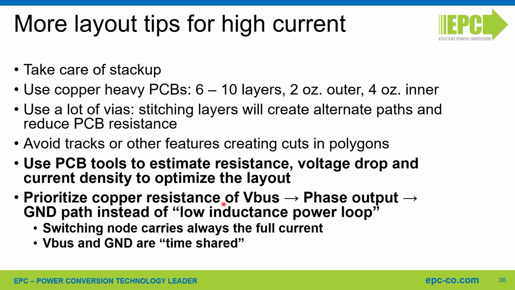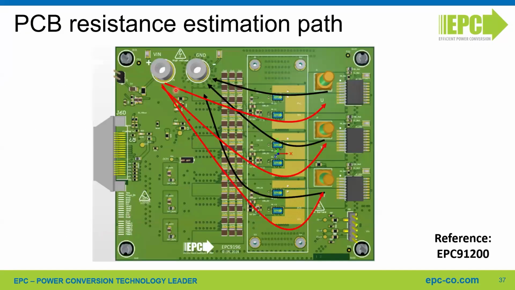So basically, the path between the bus voltage, the phase output to the motor, and back to the ground. And the low inductance power loop can be moved to a lower priority because of the slower switching. So in this example, this needs to be minimized: the path from input voltage to phase back to ground.